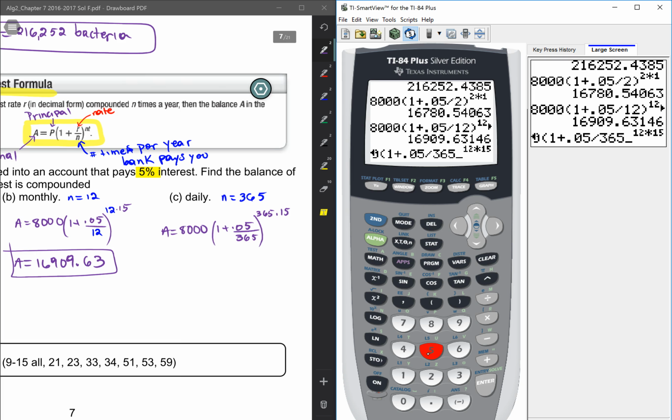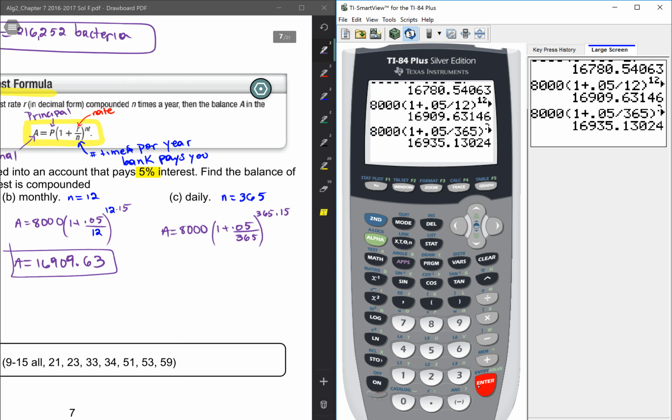Now I have a 365 in there. I want you guys to be able to use all of the features on your calculator. This is why you have this. Enter. Let's see how much additional money we're making.